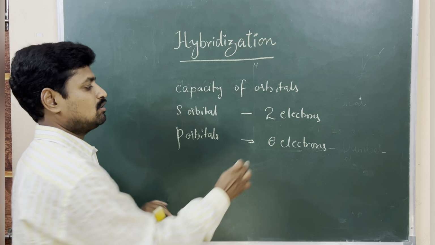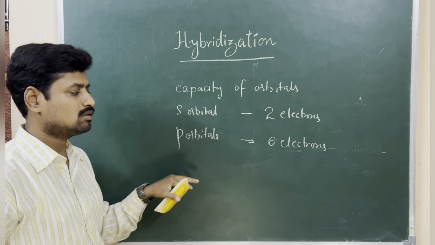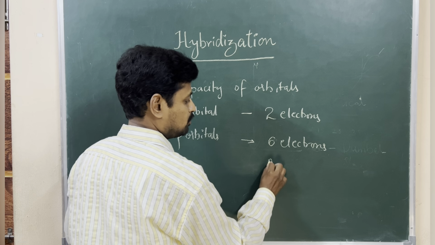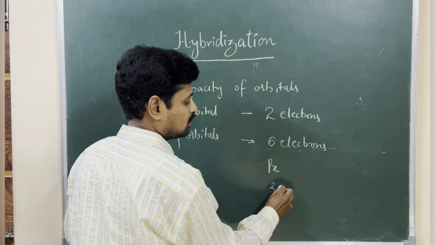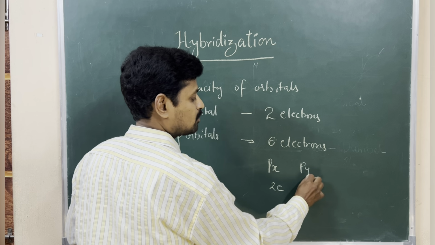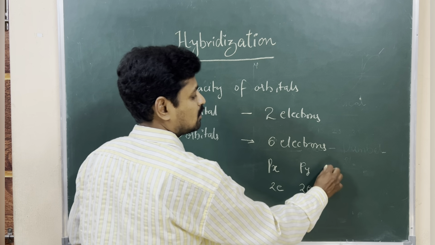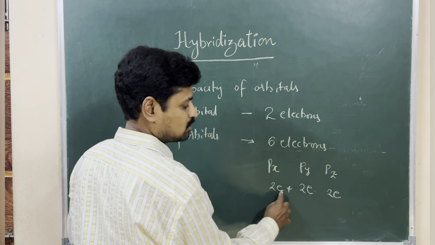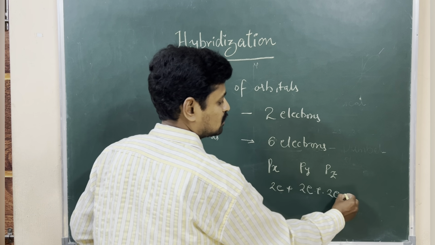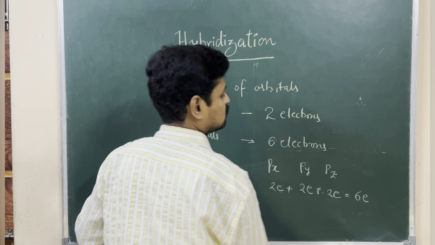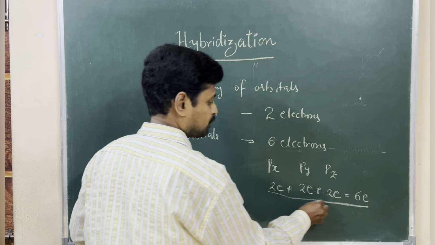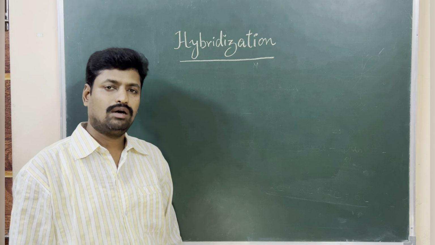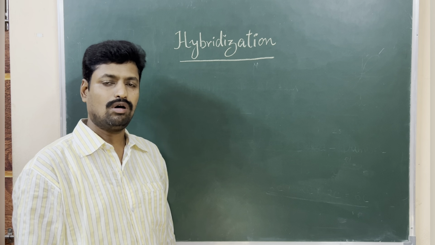How do you get 6 electrons in p orbitals? P orbitals have 3 suborbitals. The px orbital will have 2 electrons, the py orbital will have 2 electrons, and the pz orbital will have 2 electrons. So 2 plus 2 plus 2, a total of 6 electrons. This is the capacity of the p orbital. Now you have understood about orbitals.